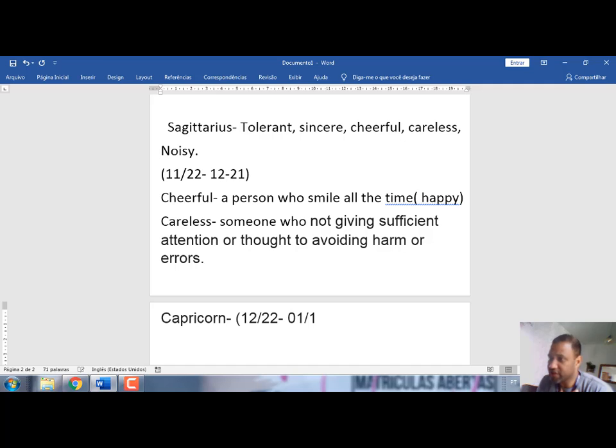A selfish person is a person who thinks about himself. A person who thinks about himself or herself, and not anybody else.